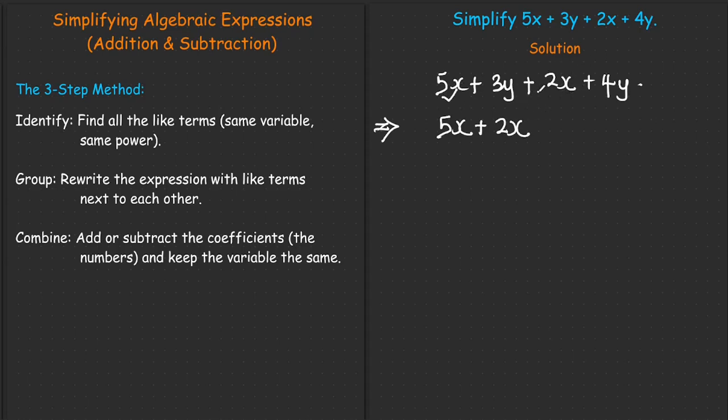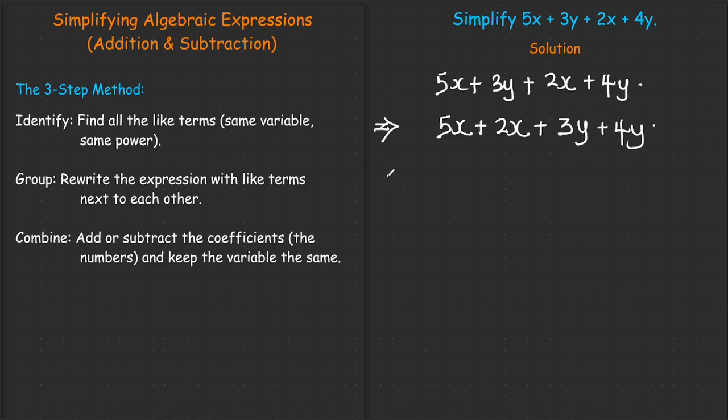So with the x's done, we then go to what? The y's. So for this y as well, we move it with its sign all together. So we have positive 3y, that is plus 3y. And then finally, this last one, which also goes with the positive, so plus 4y.